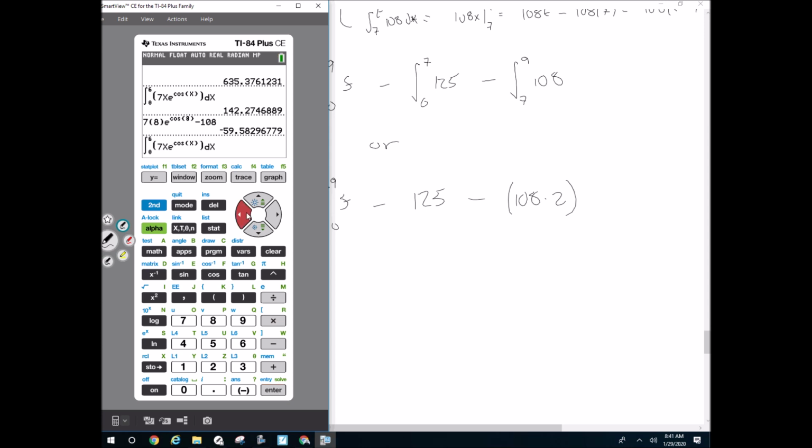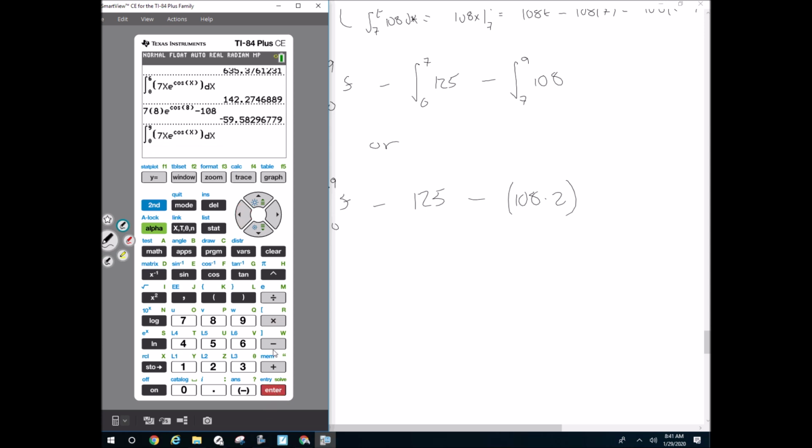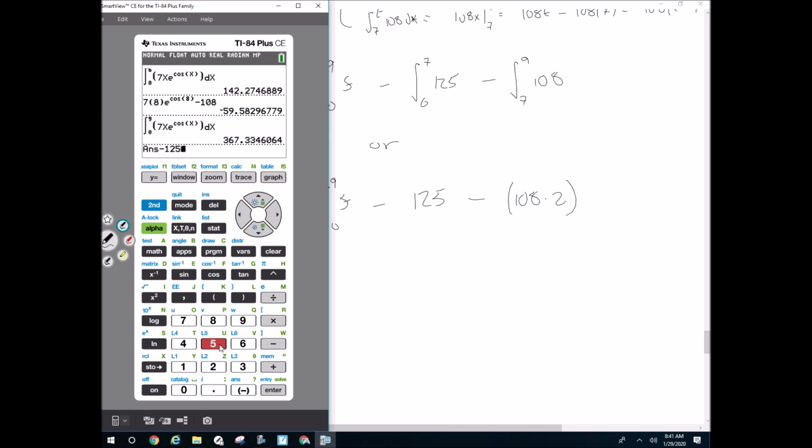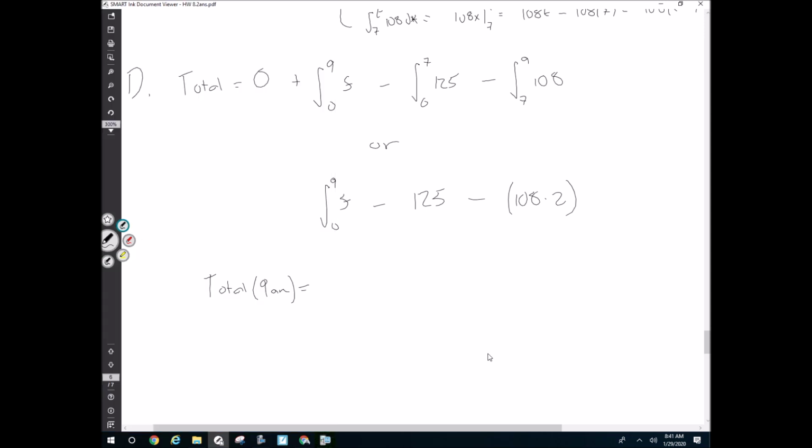This is the integral from 0 to 9 minus 125 minus 108 times 2. 26.334 cubic feet. So she's almost done.